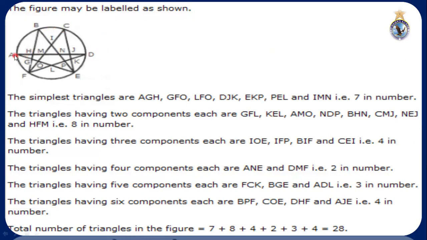We start from the extreme left, that is A, going up, that is B, then to the right, that is C, then D, E and F. Then we come to the inner surface, that is H, M, N, J, and then coming down K, P, L, O, G, and then I. Each and every point has been marked now.